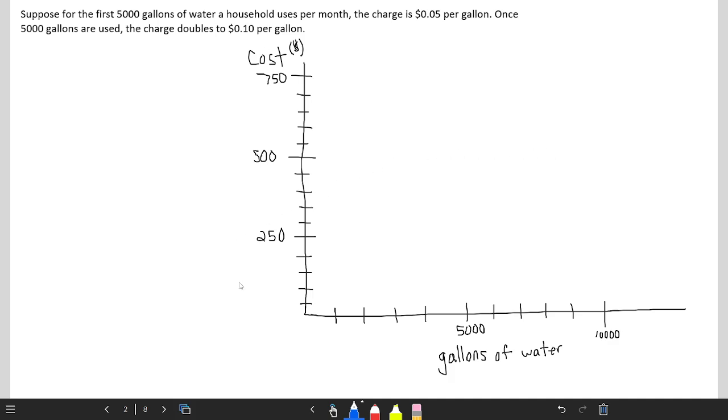So let's start by plotting some points. We know that if you use no water, you're going to be charged nothing. So we've got here X representing the gallons of water and Y representing the cost in dollars. And so we know we're going to have the point 0, 0 because if you use no water, you won't get charged anything.